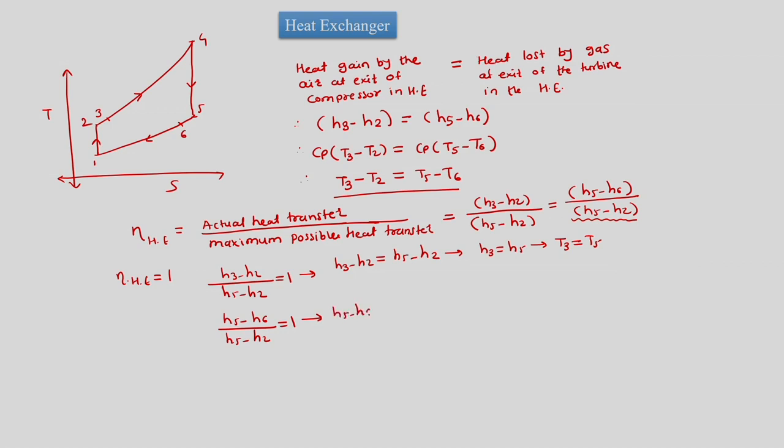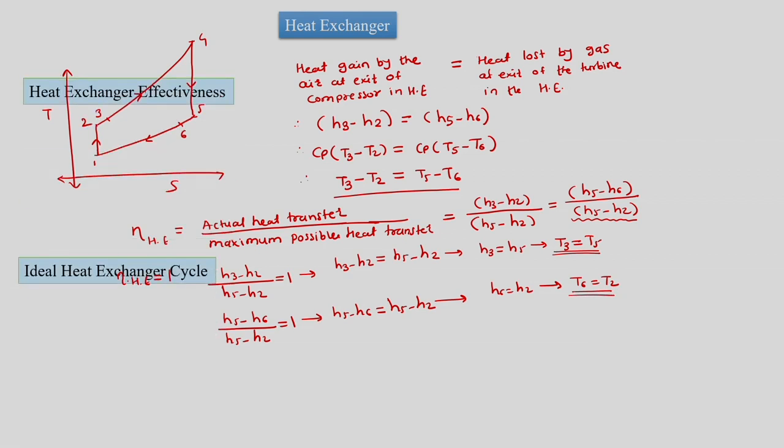So we have H5 minus H6 is equal to H5 minus H2, which leads to H6 equal to H2, and this leads to T6 equal to T2. So this is the outcome of having an ideal heat exchanger.